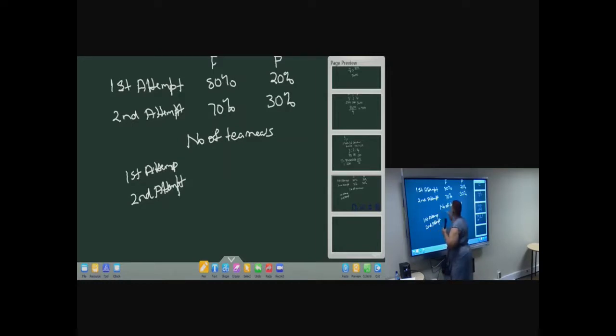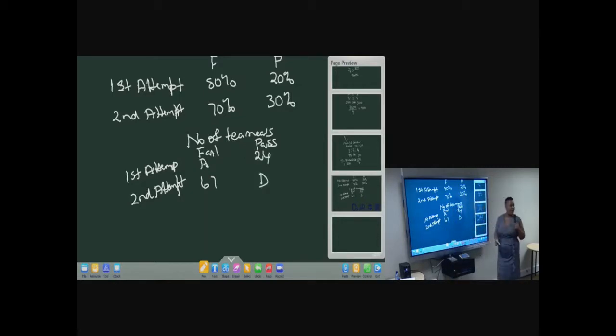There was a fail and a pass: the number who failed and the number who passed. Then there was an A, a 67, a 24, and a D. Learners were asked to do calculations for the missing values A and D.